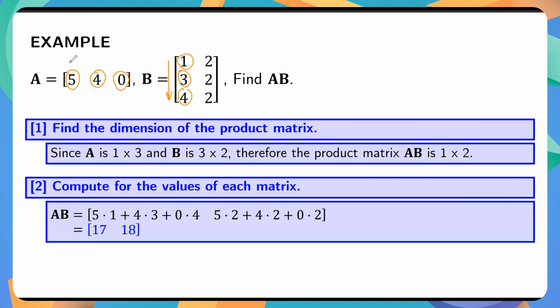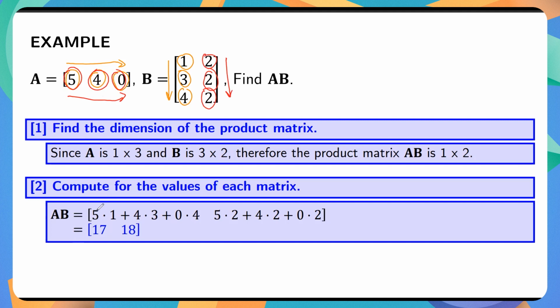Again, we're going horizontally and vertically downwards. So that's for the first element. For the second element, we are going to multiply 5 by 2, 4 by 2, and then 0 by 2. So again, horizontally to the right, then going downwards.